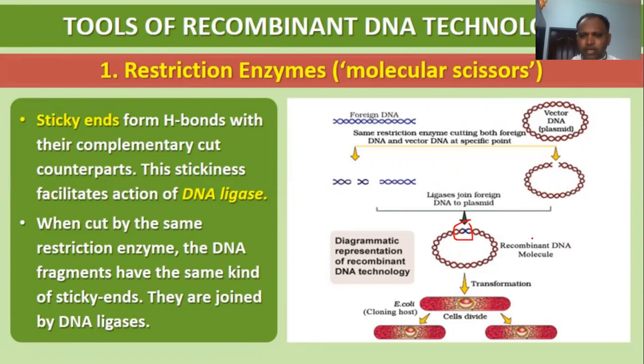Now because this is a vector and this is a foreign gene, the foreign gene is inserted into this DNA. Now this DNA we can call a recombinant DNA molecule, and this recombinant DNA is transformed into the host cells, and then the host cells are allowed to multiply, so that the host cell will transfer the DNA to the progeny organisms, right?